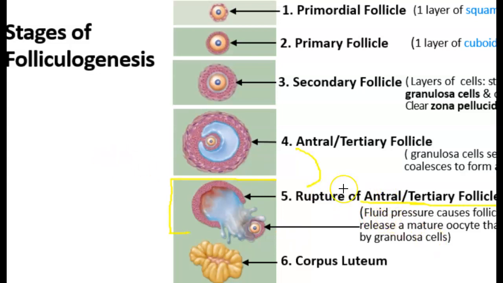That occurs because so much fluid has been secreted by the granulosa cells that pressure has increased and caused the follicle wall to burst. And when it bursts, it releases the oocyte and its surrounding granulosa cells. So you'll see that there's granulosa cells still surrounding this oocyte. So it's still protected.